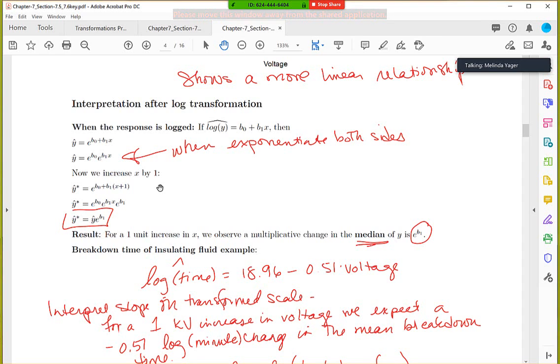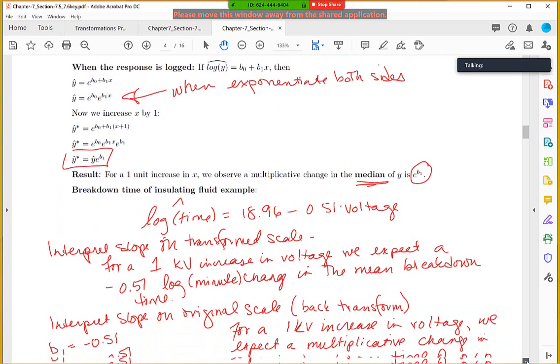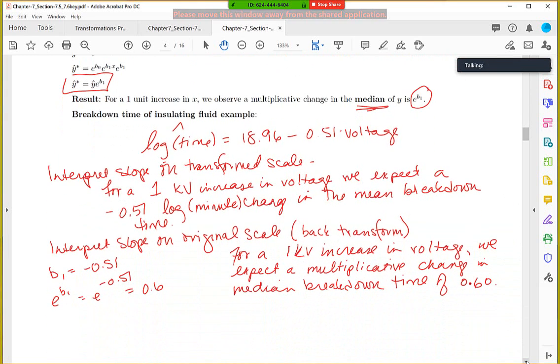When we talk about an interpretation on the original scale, we do need to think about back transforming. So that's essentially what this math is showing, how to back transform the data. What you need to know is you need to be able to identify, when you look at a test, what variable has been transformed and then how to back transform so that you can interpret the slope.